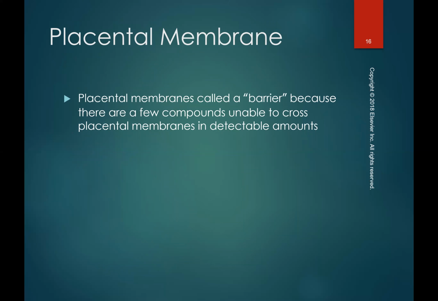The placental membrane is called a barrier because there are few compounds able to cross placental membranes in detectable amounts. So the placenta actually does protect from a lot of different things that the mom is exposed to. Some things do pass through. A couple of those things that I just want you to be aware of are toxoplasmosis and some bacteria.